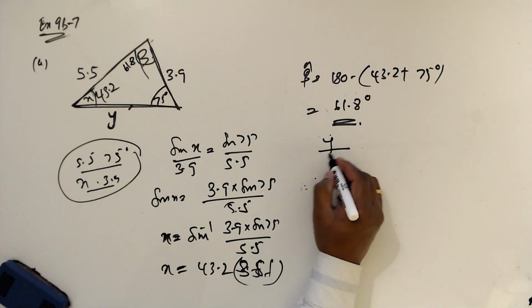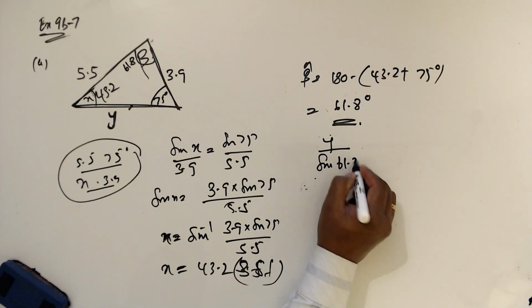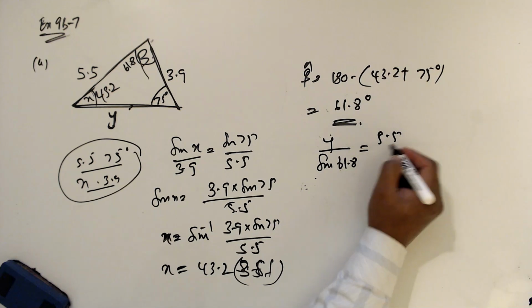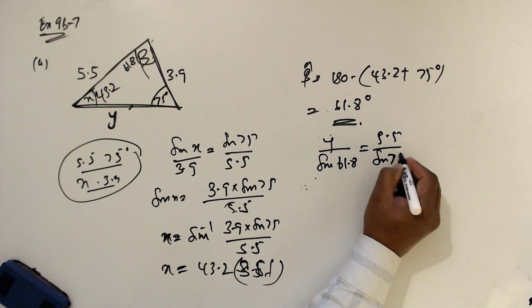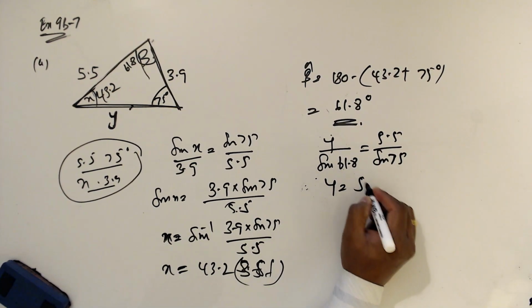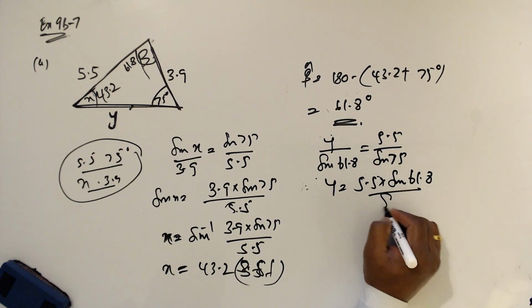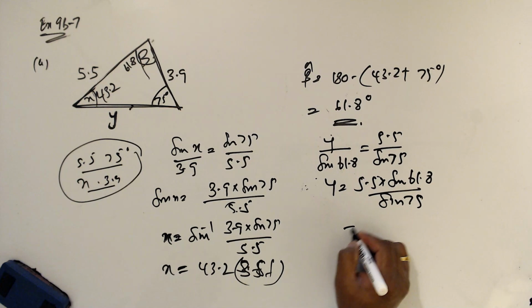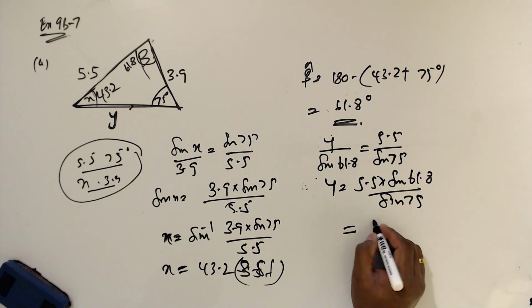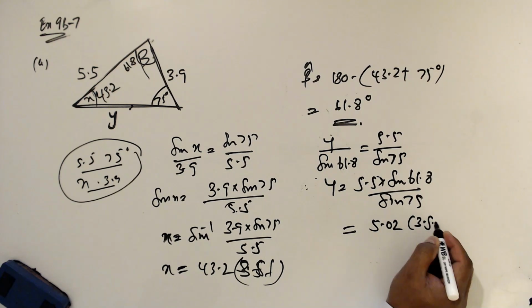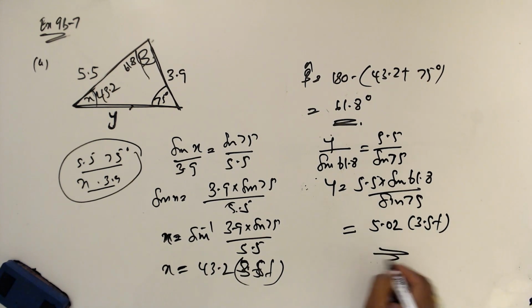So y over sine 61.8 equals 5.5 over sine 75. y equals 5.5 times sine 61.8 over sine 75, to 3 significant figures.